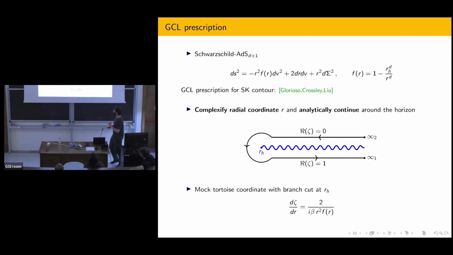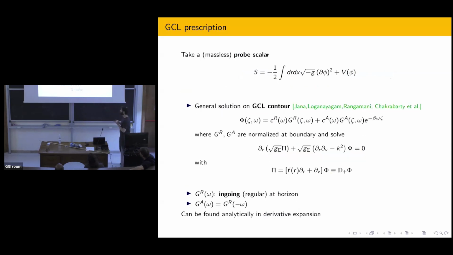So this is a small and infinitesimal complex excursion around r_h. I'm not showing explicitly how to do that. You can see it in certain papers. The thing to note here is that G_R is the ingoing Green's function and G_A is the advanced Green's function.